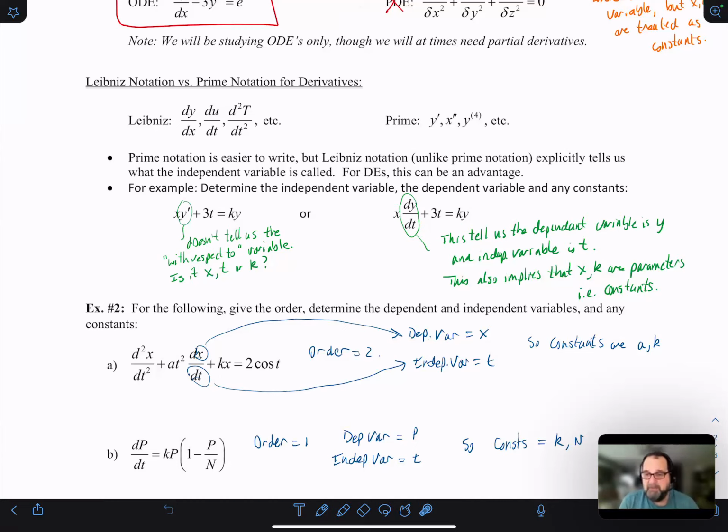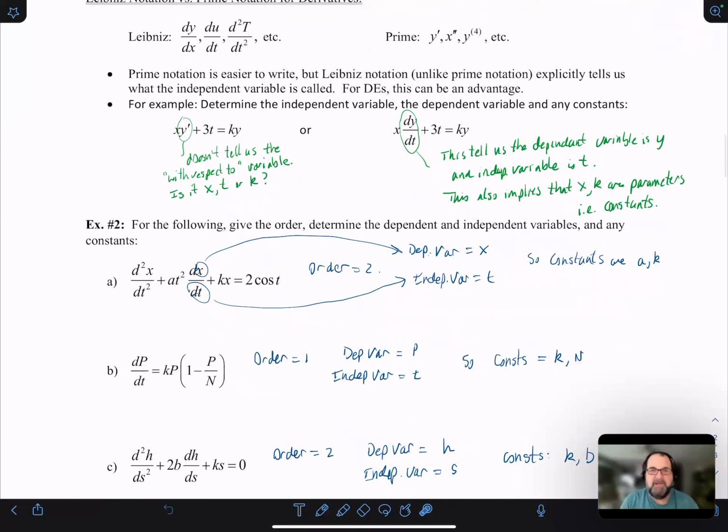They would have to be parameters of something or just constants. They would just be numbers. So this is a useful little piece of information that we get from Leibniz notation that we don't get from prime notation, and sometimes that is a helpful advantage for Leibniz notation.